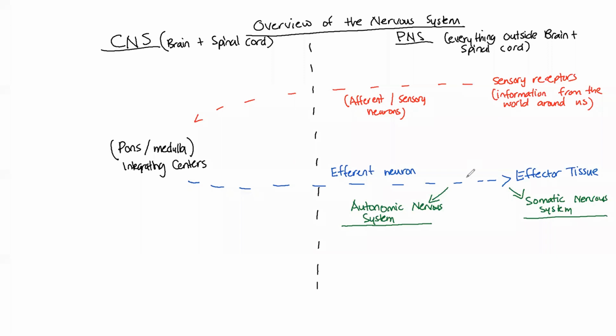The main distinction between these two divisions of the peripheral nervous system is that the autonomic nervous system is involuntarily controlled.